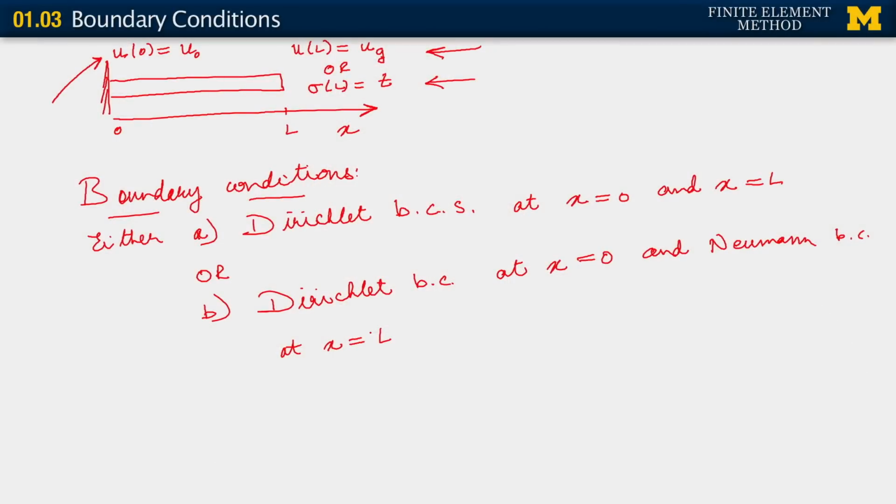Okay? What's important is to note that there is a particular combination that we are not considering. Okay? It's very obvious, but I'll let you think about it for a second or two to make sure that you are indeed with me in this. Okay? The condition we are not considering is Neumann at both ends. Okay?